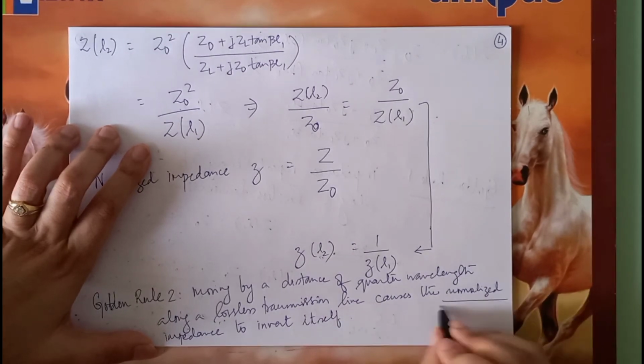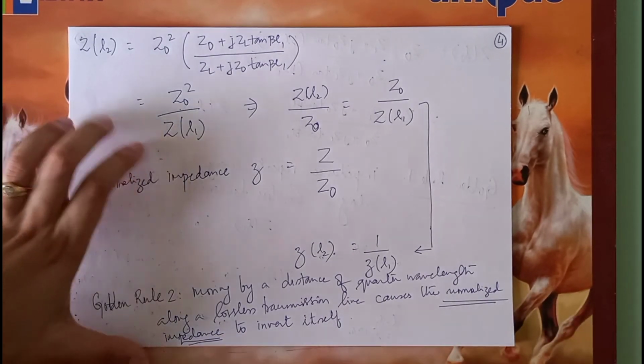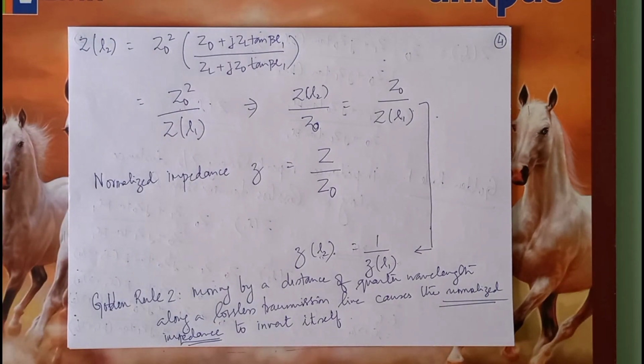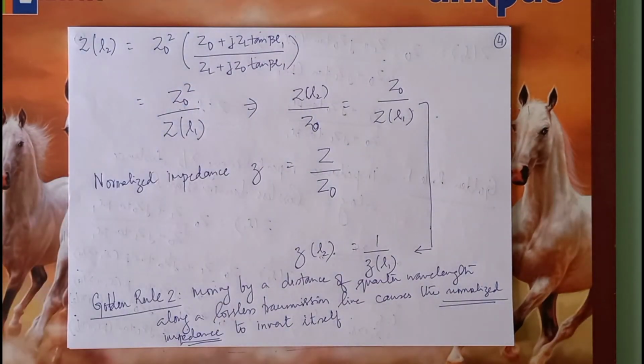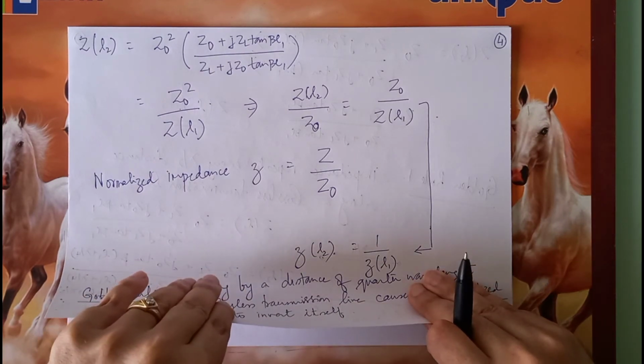So here the word normalized impedance is very, very important. Not the absolute impedance. It is the normalized impedance. So we have established golden rule number 1 and golden rule number 2 of lossless transmission lines. Now let us look at another golden rule.